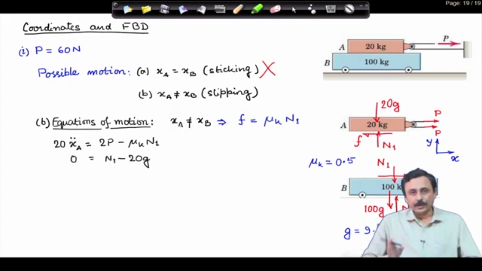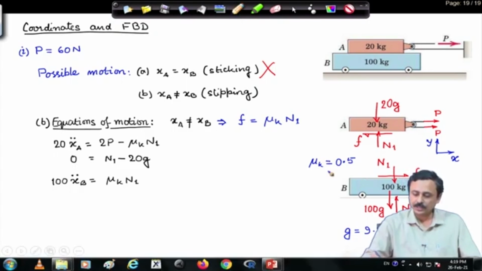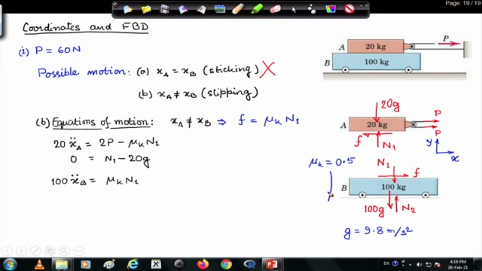In the vertical direction, there is no acceleration, it is only force balance. So, 0 is equal to N1 minus 20 g, the weight. For the 100 kg block, the mass 100 times the acceleration of the block is equal to the force of friction, that is the only force in the horizontal direction on the 100 kg block, and that is mu k times N1.